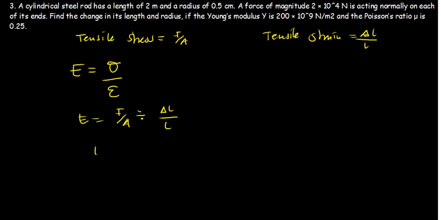So if I change this to multiplication, this one goes on top and that comes down. That is going to be force multiplied by length over area multiplied by change in length. So let's make change in length the subject to substitute the formula. I'm going to cross multiply. So that is going to be E.